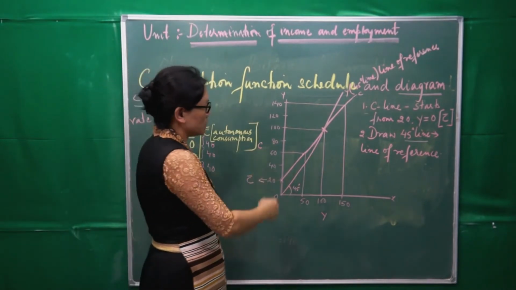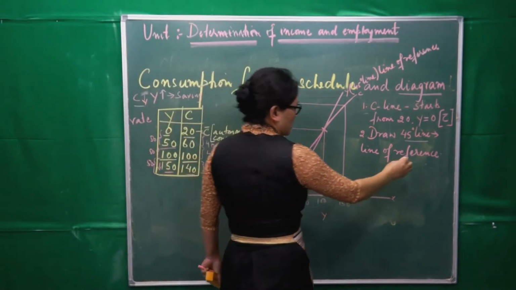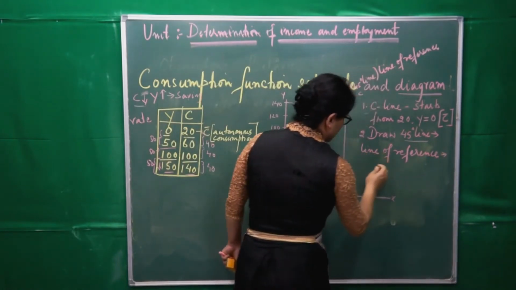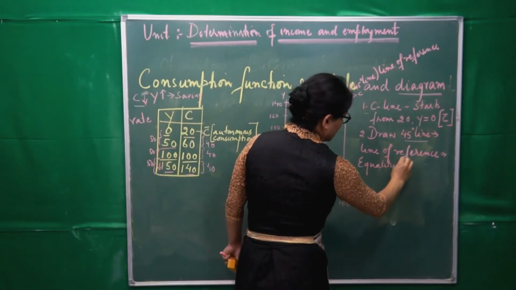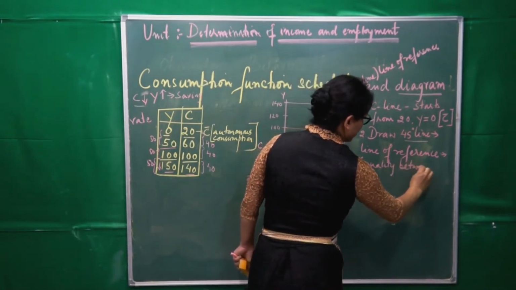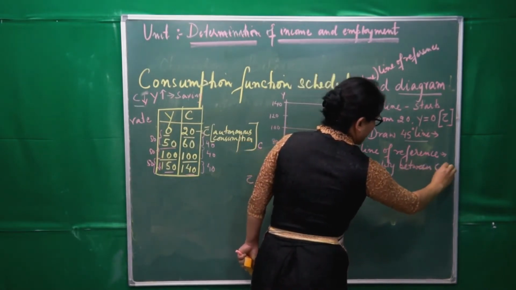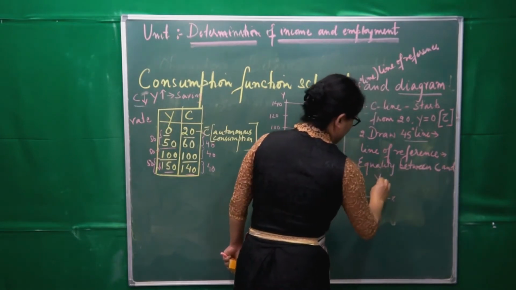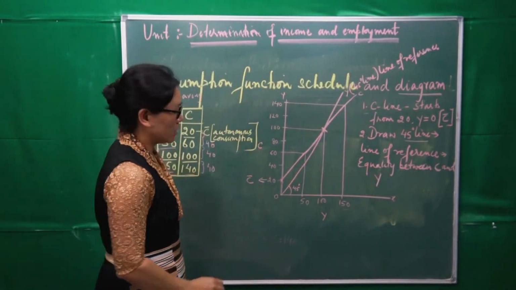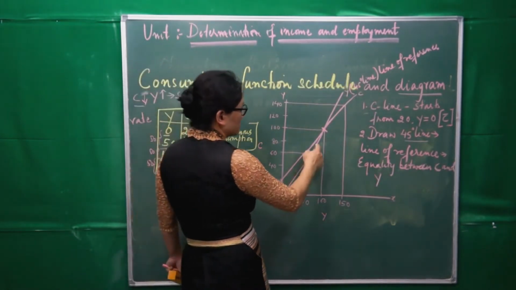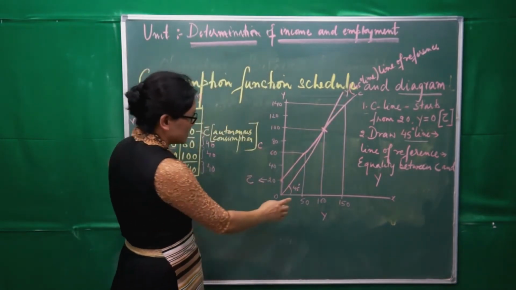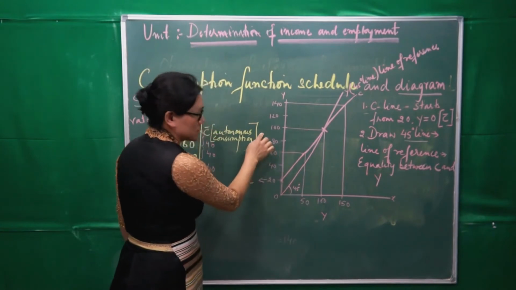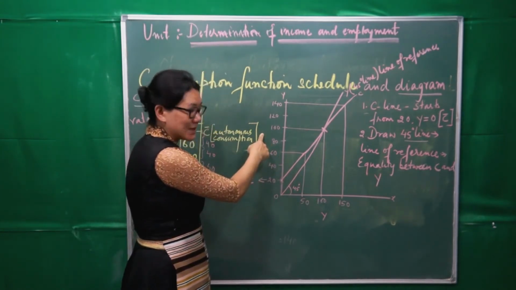Okay, under this one, this shows the equality between C and Y. I said before, any point on this 45-degree line will show equality between this and this one. Is that clear?